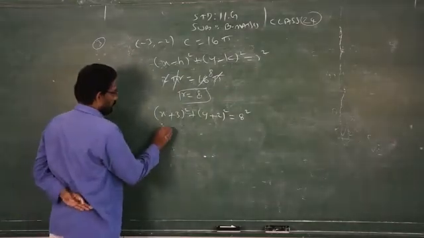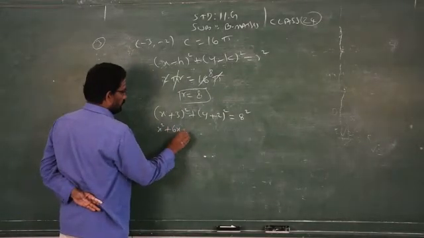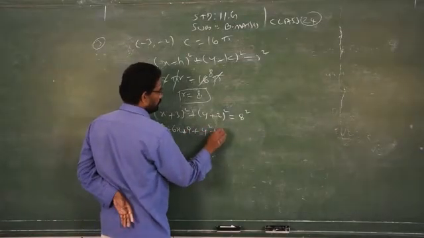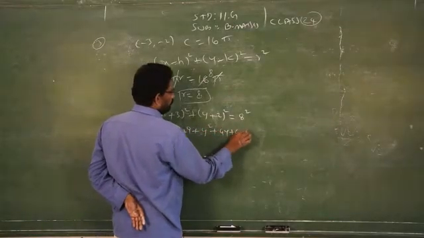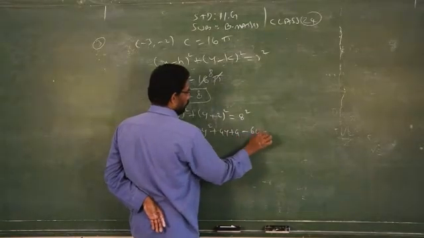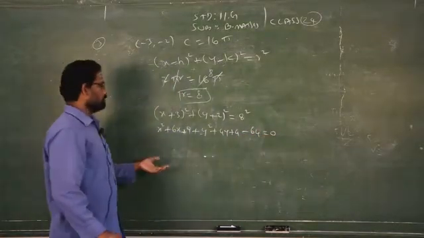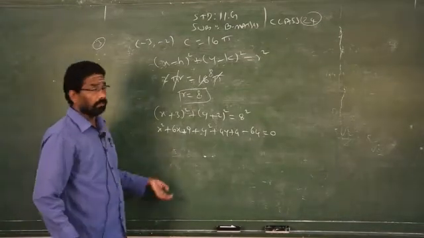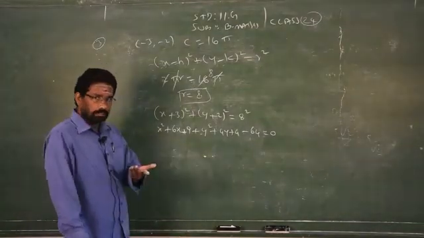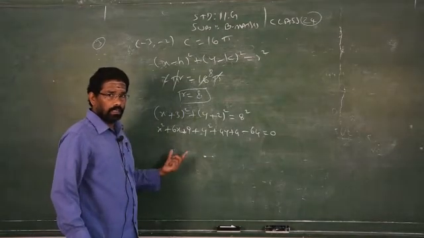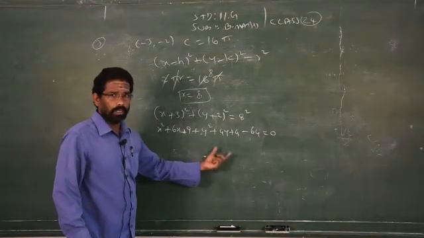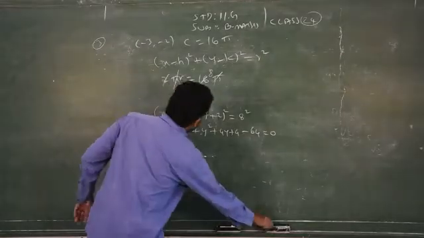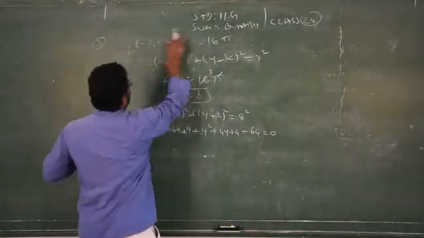So x square plus 6x plus 9 plus y square plus 4y plus 4 minus 64 is equal to 0. So just you have to simplify, after that you will get answer. Don't expect me to simplify this one, it's very simple. You have to write first x square, x, y, then constant. Simplify the constant, you will get answers. Clear?